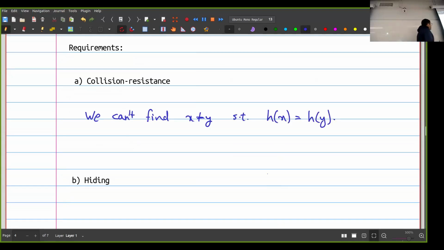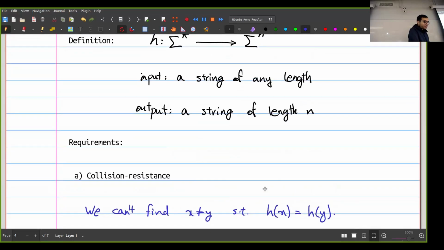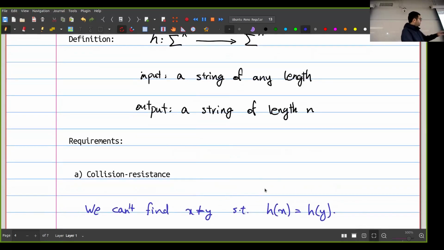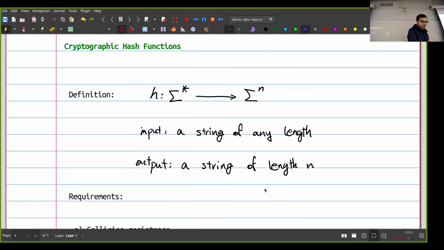Now, very importantly, I'm not saying that these kinds of values don't exist. I'm just saying we can't find them. And in this course, these two things are different. Because if I say that there are no two different values that have the same hash, that's basically saying that the hash function is one-to-one. And that's impossible. Because if you look at my hash function, it's mapping the set of all strings to the set of strings of length n.